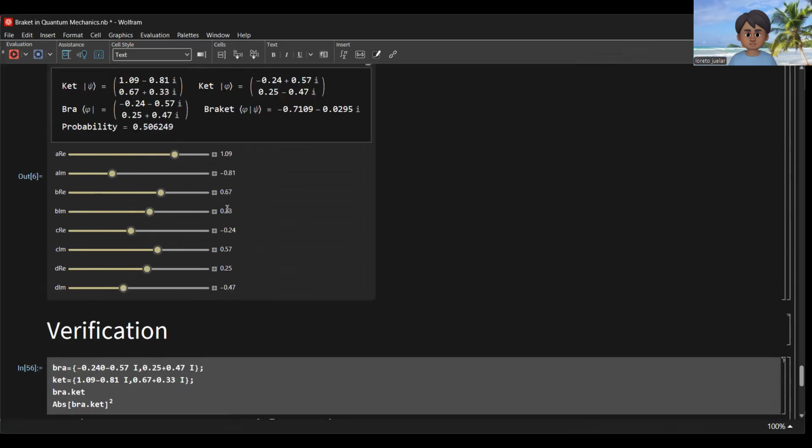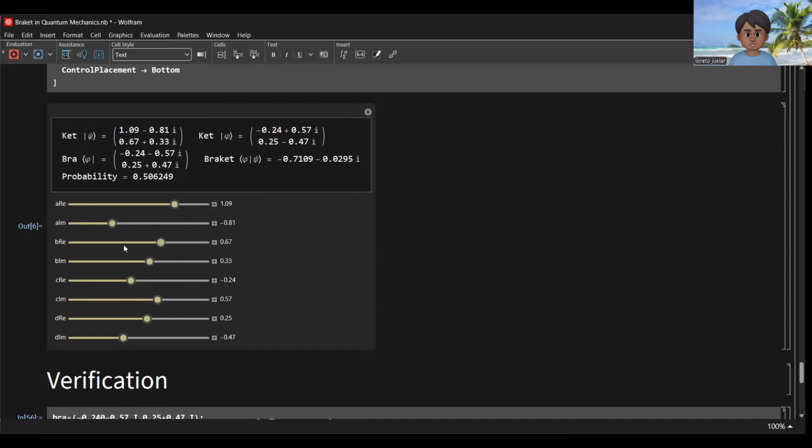We can also vary the real value of A and the imaginary value of A, and the real value of B and the imaginary value of B. So, for example, here we have a different value for B real and B imaginary.